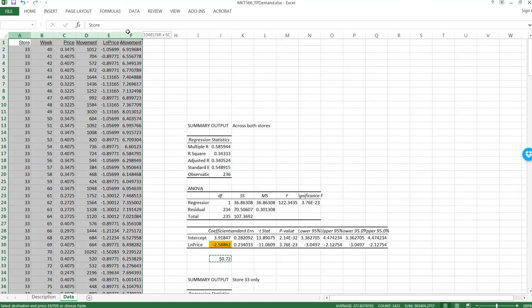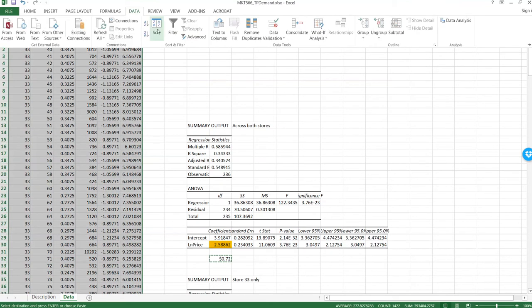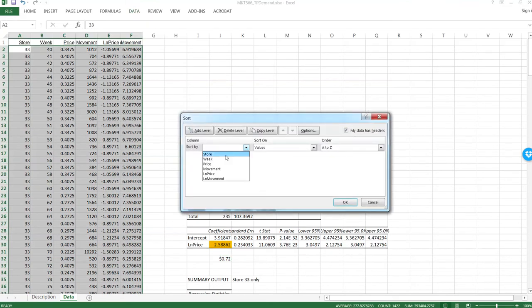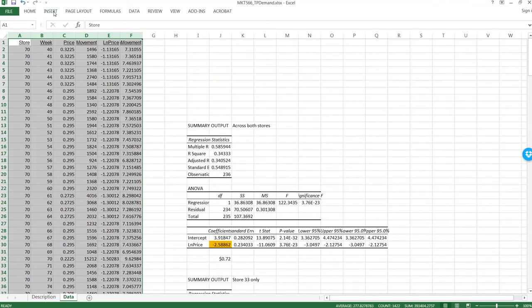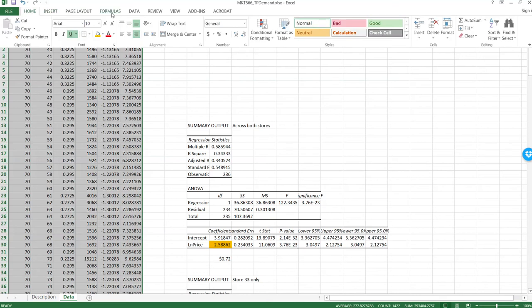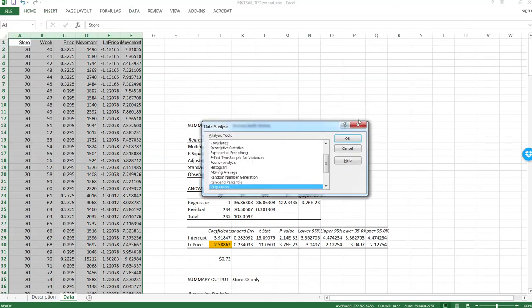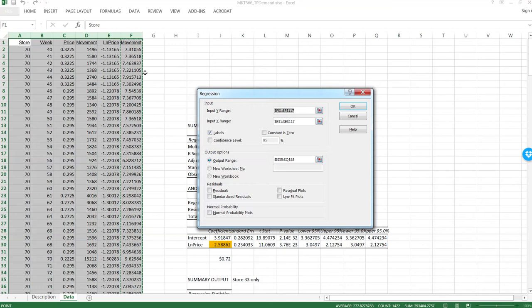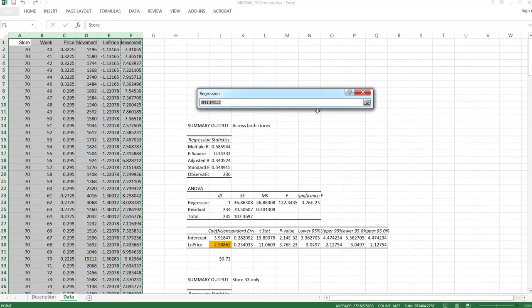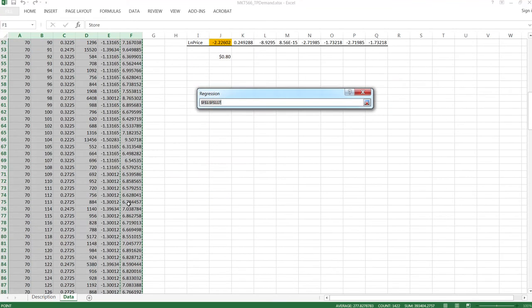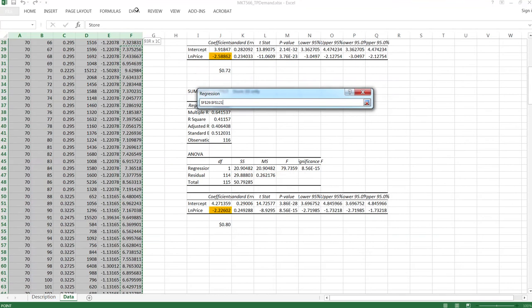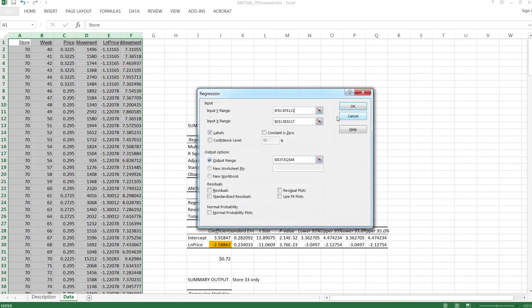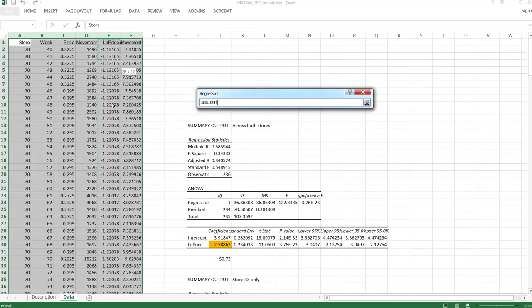If we want to run it again, I will sort this data on store just to bring store 70 to the top so we can include labels. I run the regression again, but this time for store 70 only, and the X range log price.